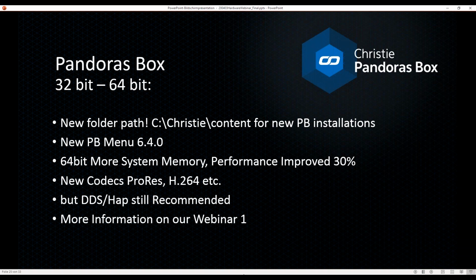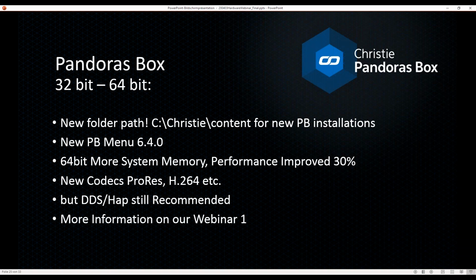The very first webinar we did so far was about the big difference between 32-bit and 64-bit. So if you go on our webpage or on YouTube and go to webinar number 1, Thomas will tell you a lot of details about the biggest differences and what the big improvement is.